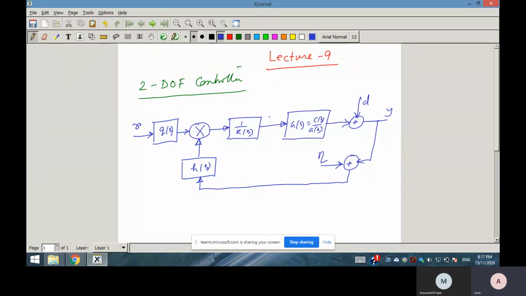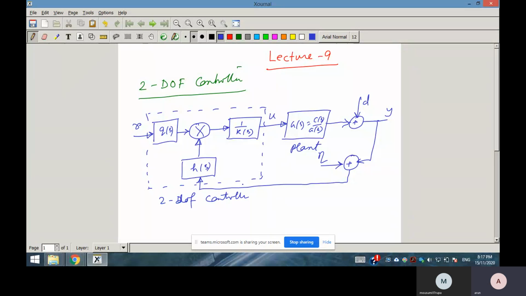Now you see the difference between 2 degree of freedom and 1 degree of freedom control. Here H(s), Q(s), and K(s) are polynomials. This is your plant, and this is your 2 degree of freedom (2DOF) controller.